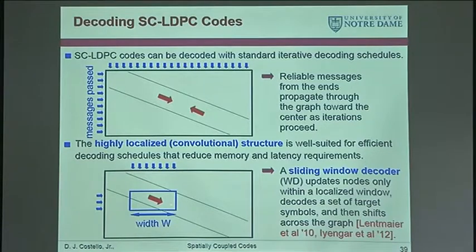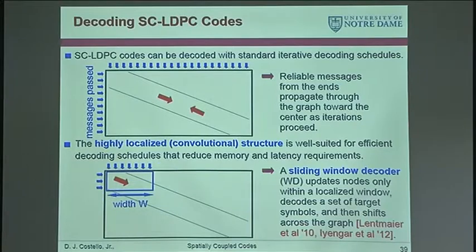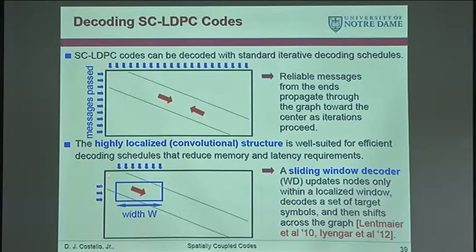So the memory requirements are much less and the latency is much less. Once we get through with the iterations here and shift the window, we start getting decoded bits. We don't have to wait until we receive the entire block. So latency and memory requirements are reduced with this type of decoding schedule.